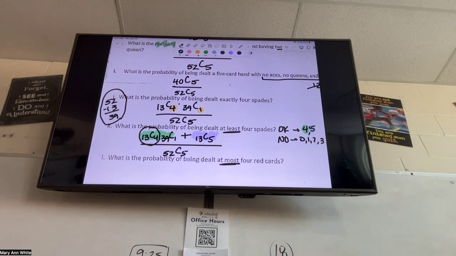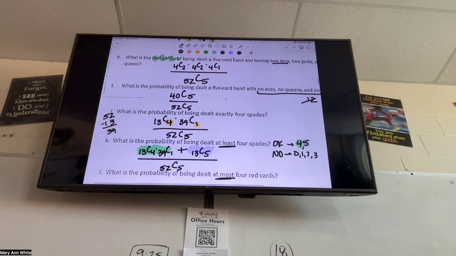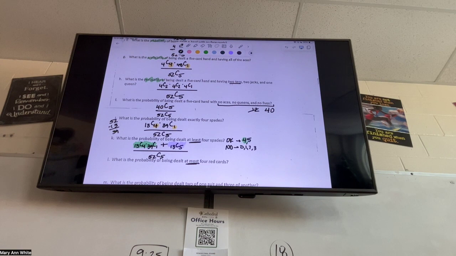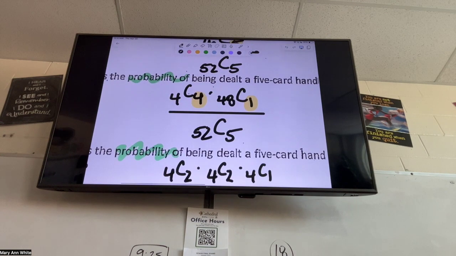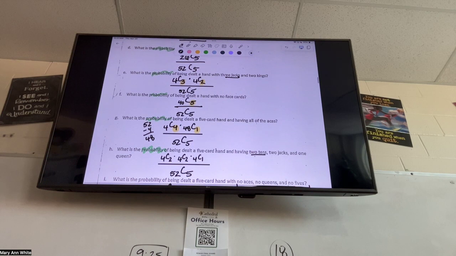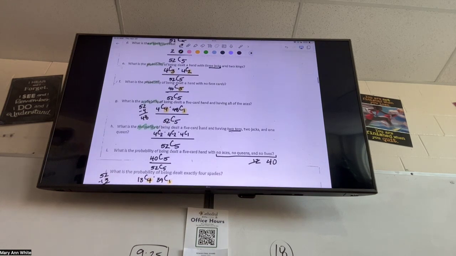We did it on letter J. I just don't think it came up yet. Like on letter G, it said we want all the aces and then we want a non-ace, so we did 52 minus 4 to get a non-ace, so that's how we got 48 on letter G. Other than that, I don't think it had come up yet.